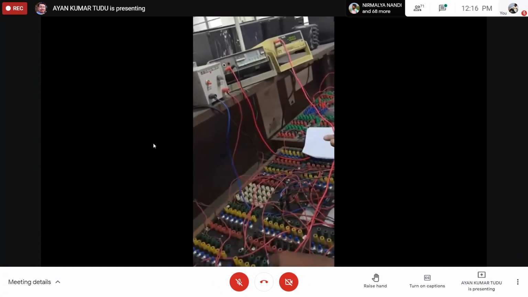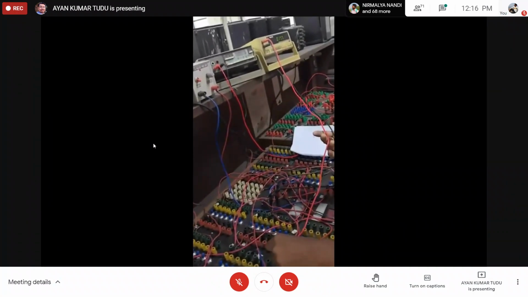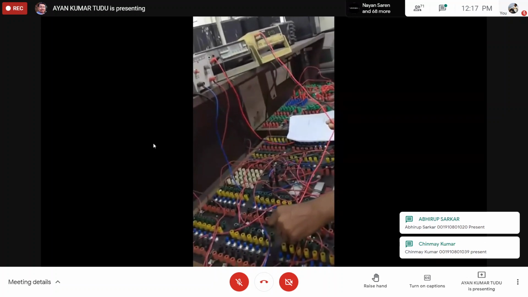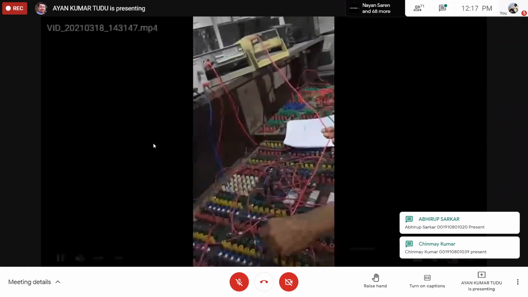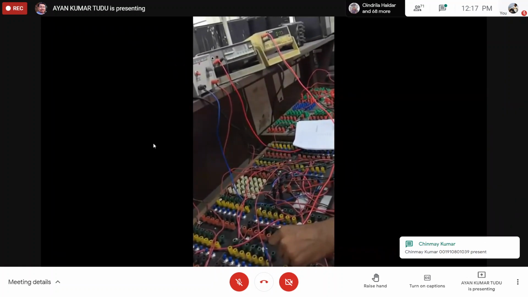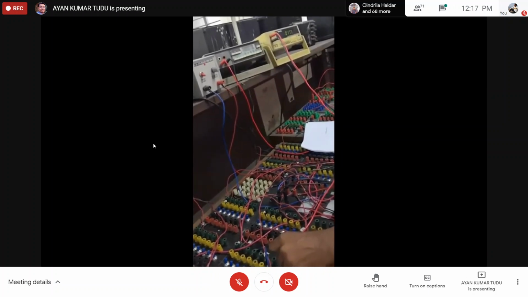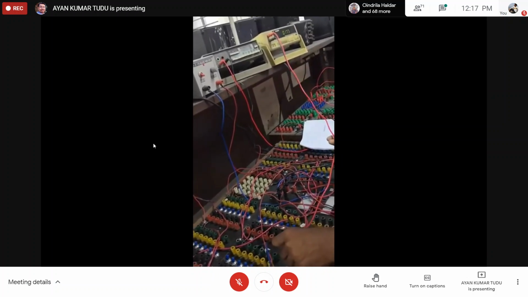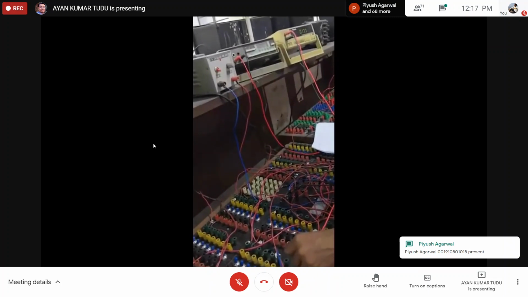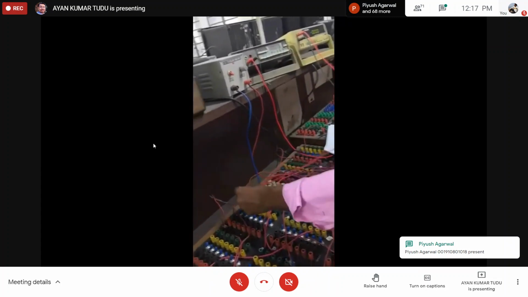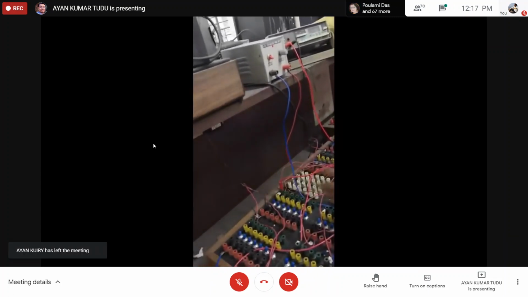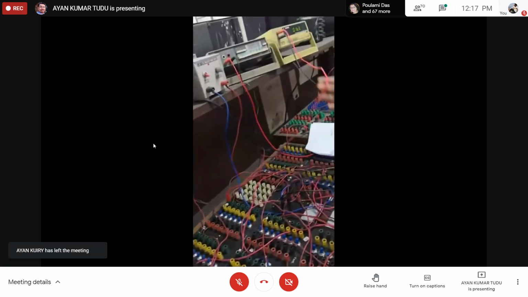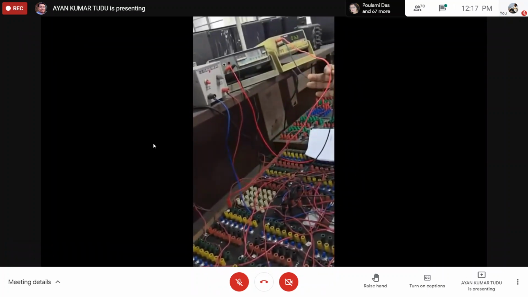Now we will be changing to VPB. See how the voltage is dropping as we are going forward along the DC distributor. Next, VPC. Here also see how the voltage drop is taking place.